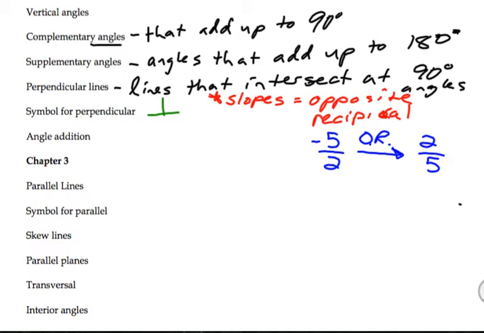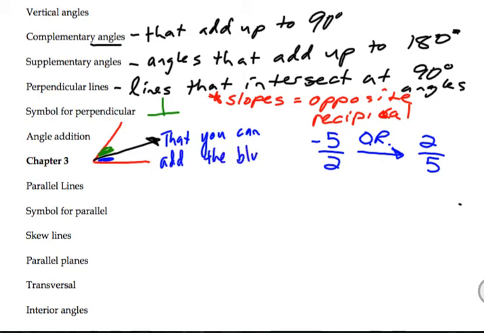And then angle addition. You have to know that if I give you this angle in red, and we cut it in half with this, what they want from angle addition is for you to know that you can add the 2 small angles, the blue and green angles together, to equal the whole red one.